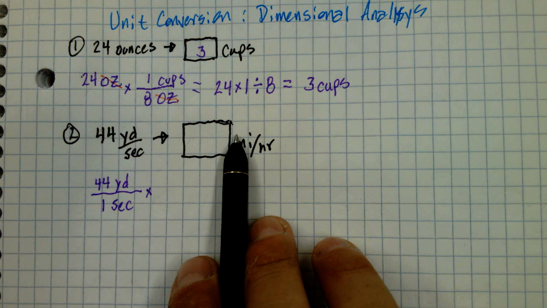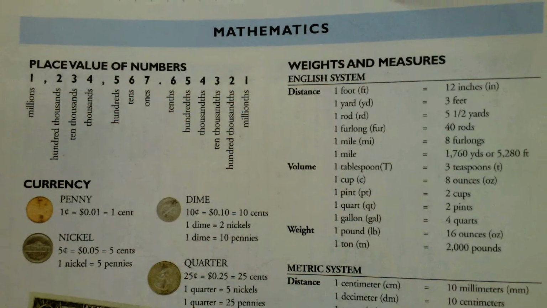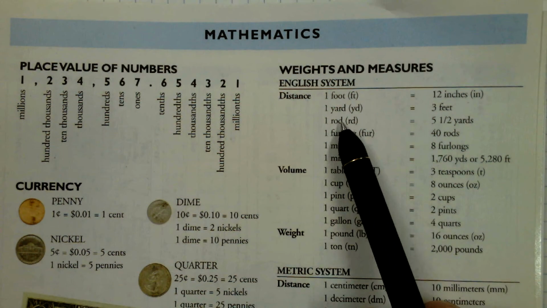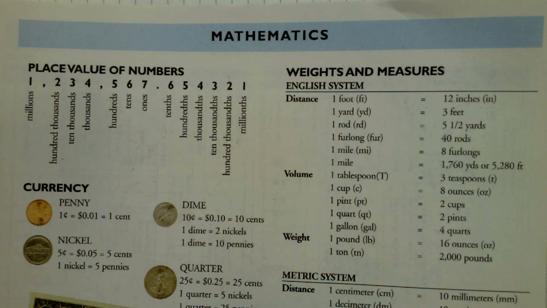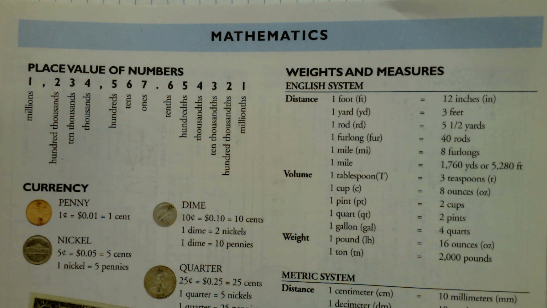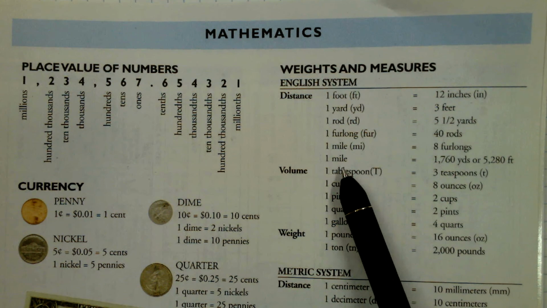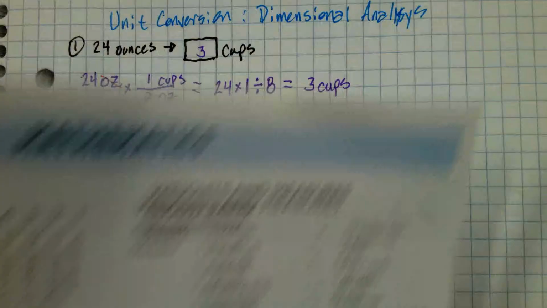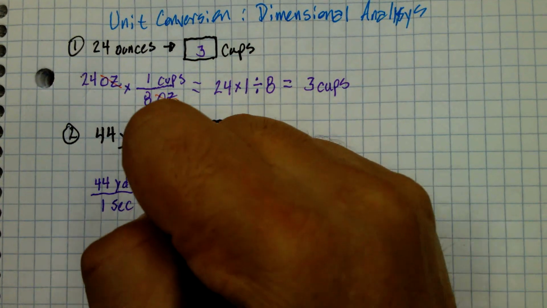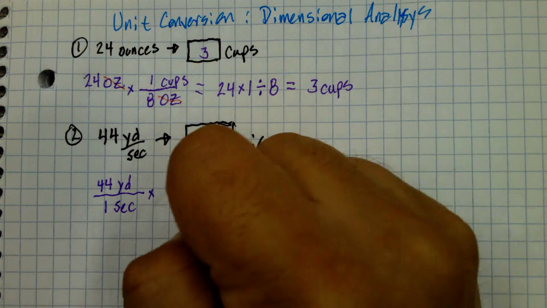So let's see if we can find a connection between yards to miles in distance. Okay. 1 yard is 3 feet. That's not going to help us. Oh, look at this one. 1 mile is 1,760 yards. So which one do we want in the denominator, though? Yards.